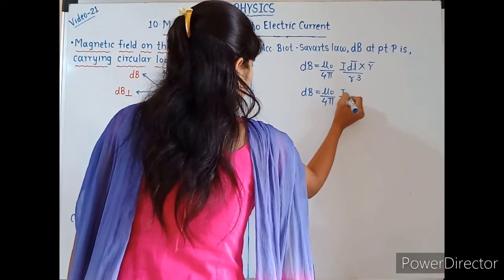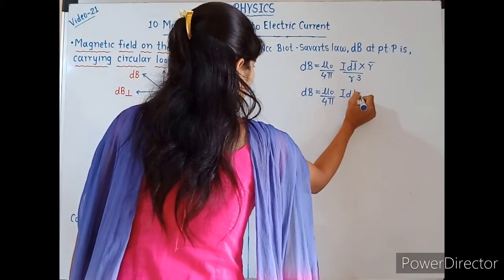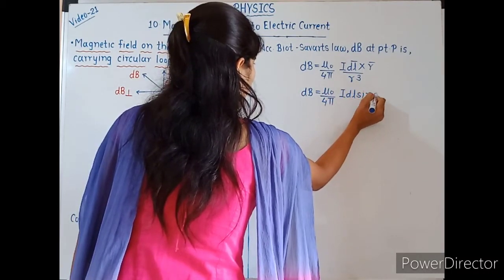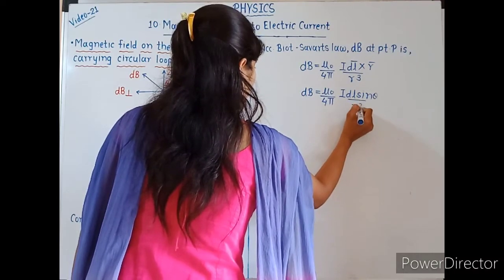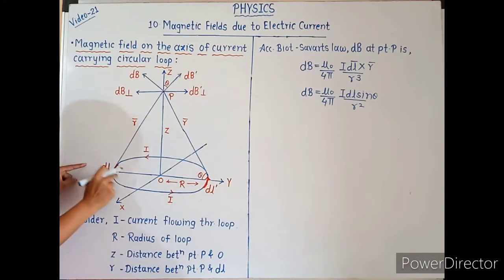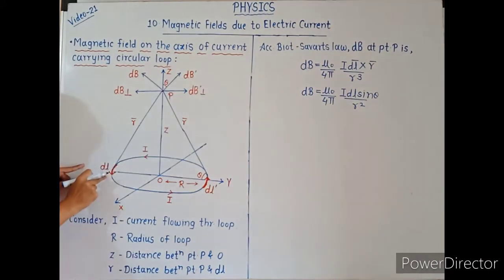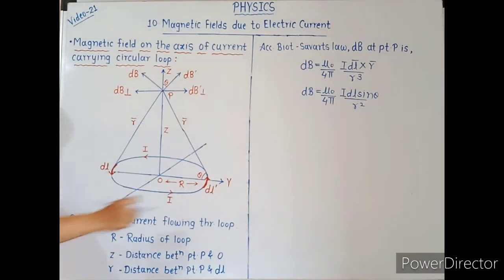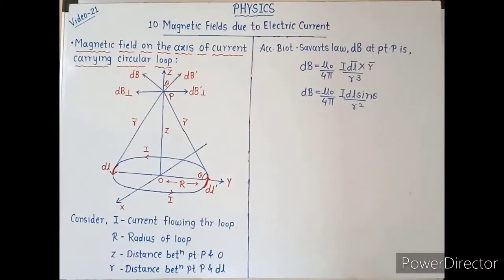I dl sin theta upon r square. As this dl is perpendicular to this r bar, that is, the angle between dl and r bar is 90 degrees, the magnetic field dB is given by the formula dB is equal to mu 0 upon 4 pi I dl sin theta upon r square.